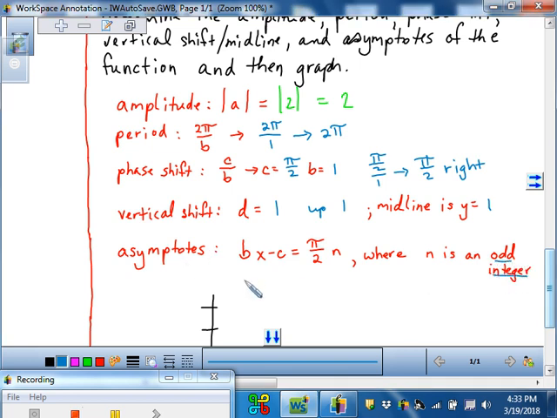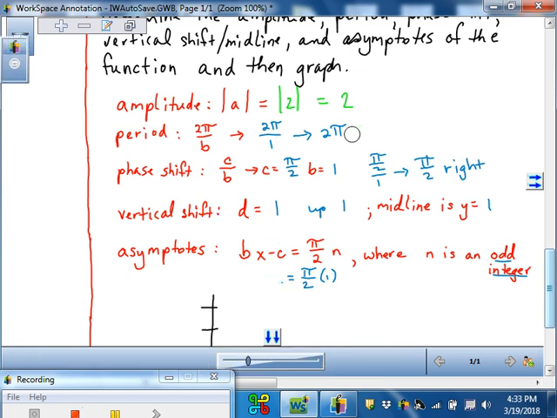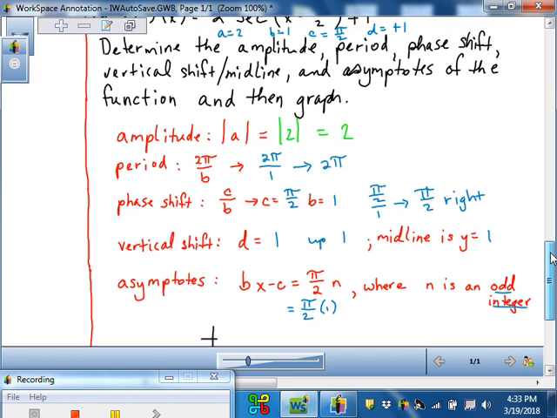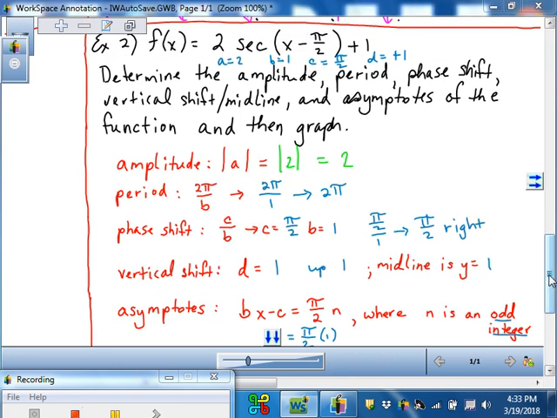So for the first one, I'm going to pick my first odd integer. I'm going to use positive 1. Pi over 2 times positive 1 is just pi over 2. Bx minus c is what's in parentheses up here in our equation, which is x minus pi over 2.